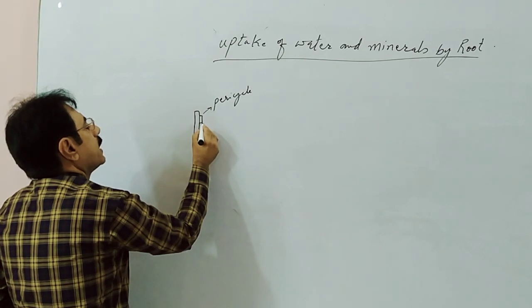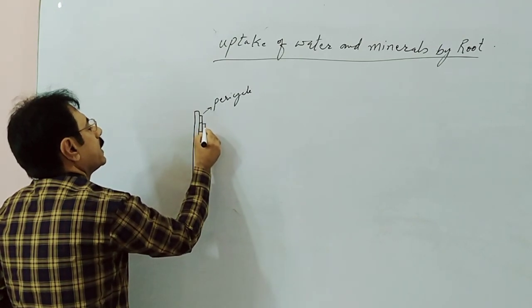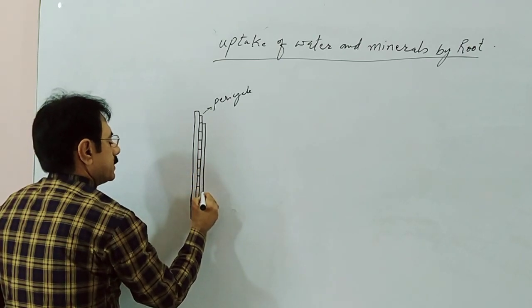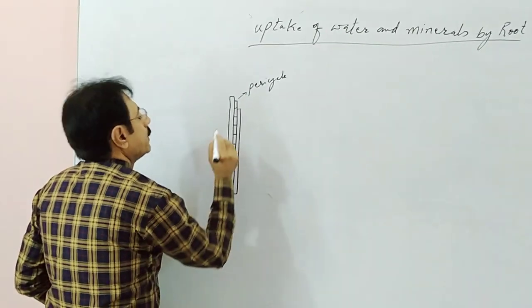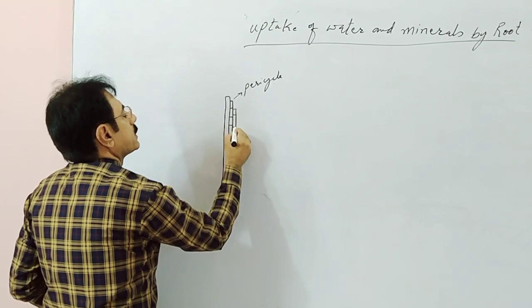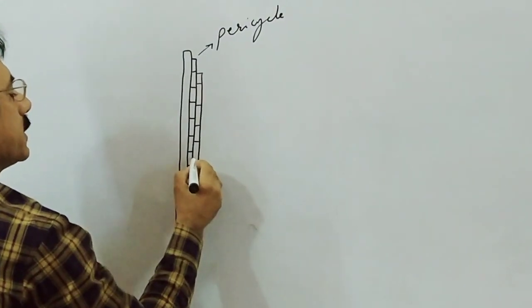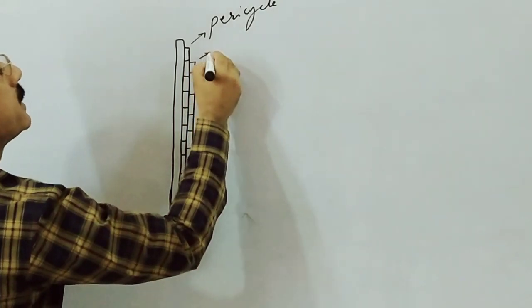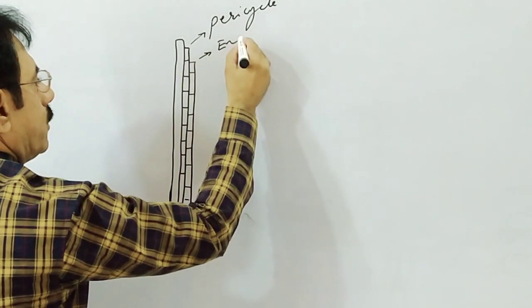Exterior to the pericycle, there is another cellular layer, that is endodermis. The second cellular layer is endodermis.